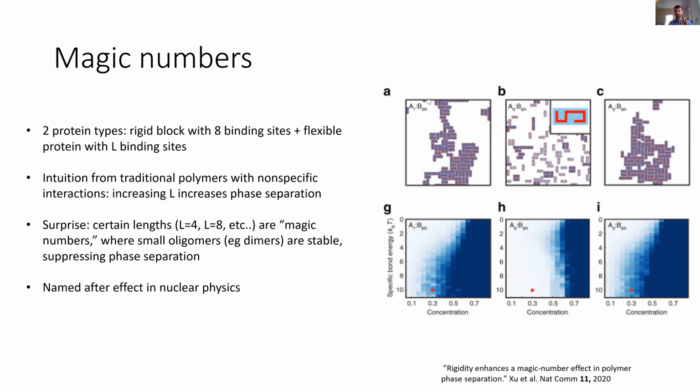This is named after an effect in nuclear physics where certain numbers of nucleons, protons or neutrons, are much more stable against radioactive decay than other ones, in a very non-monotonic and non-trivial way. This magic numbers effect is something you can really only get from specific interactions, which people did not think that much about in traditional polymer physics, but which are all over the place in biology.